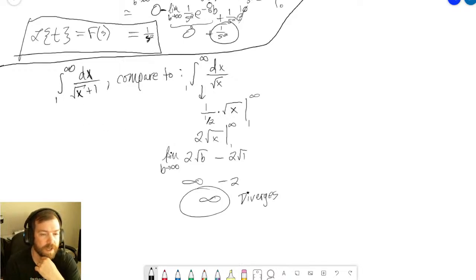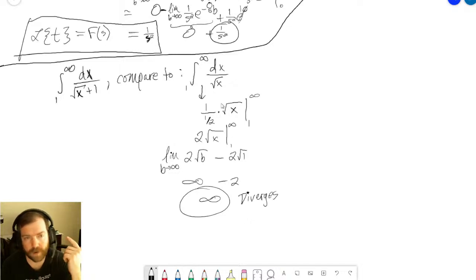We just know that it could diverge because our comparison integral ended up diverging. So because the comparison integral diverged, the function underneath it could diverge or it could converge. We don't know. So in order to fix the fact that we have multiple potentialities, and we haven't eliminated any, we have to change the comparison integral.